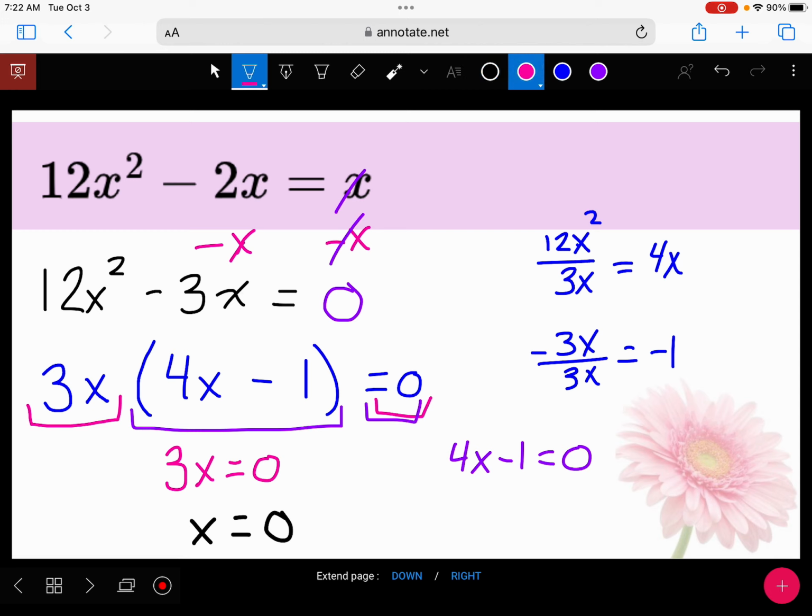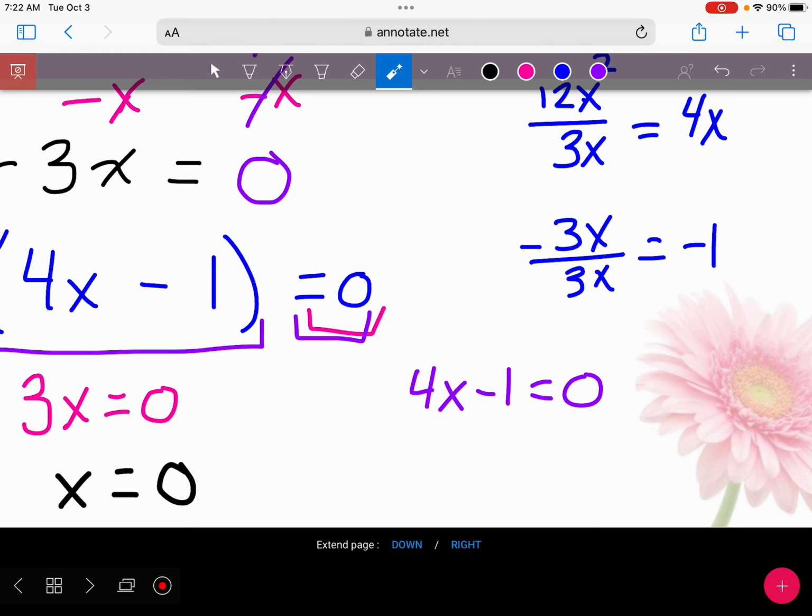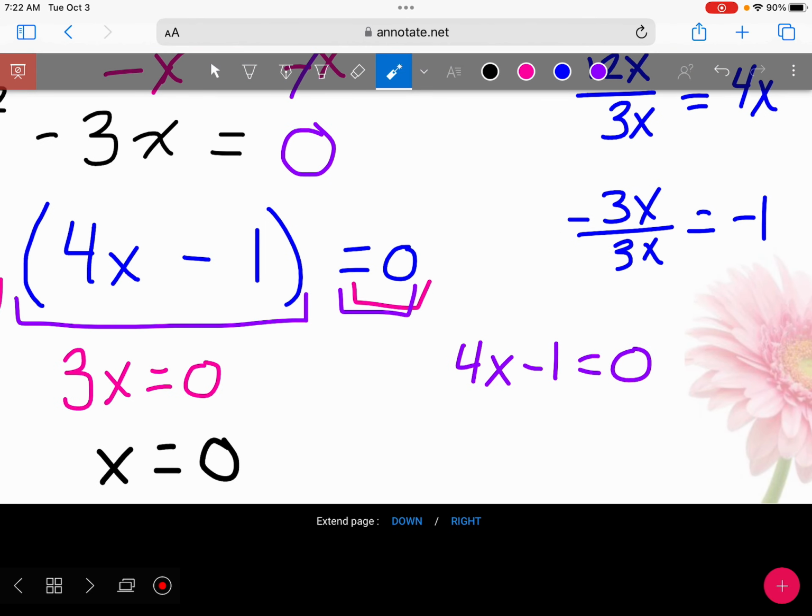The purple one's a little more complicated, because what do I need to do to solve and get x by itself? We're going to add 1. 4x equals 1. Then we're going to do what to get x by itself? Divide by 4.